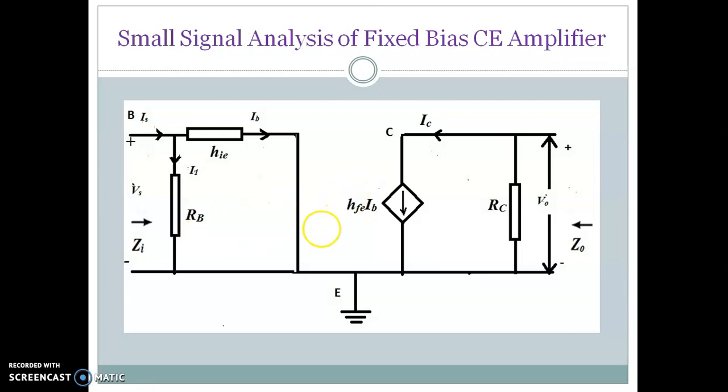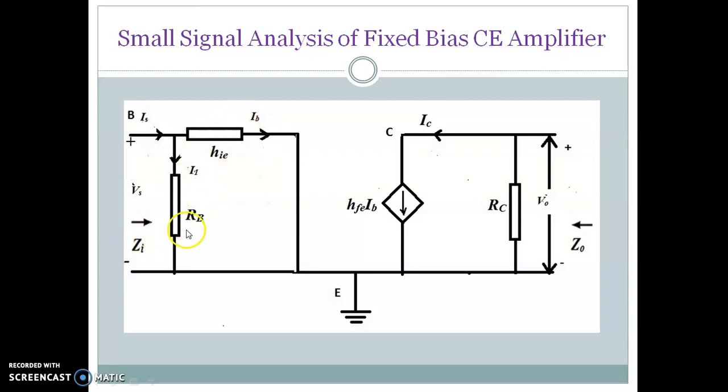So first we are going to find out the input impedance. The input impedance, you can see here, is nothing but Vs by Is. That is the ratio of your Vs by Is, which is your Zi. Now these two resistors are in parallel. You can see that I1 current flows here, IB current flows, so these two are in parallel.